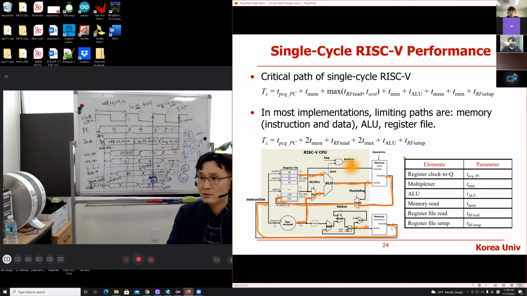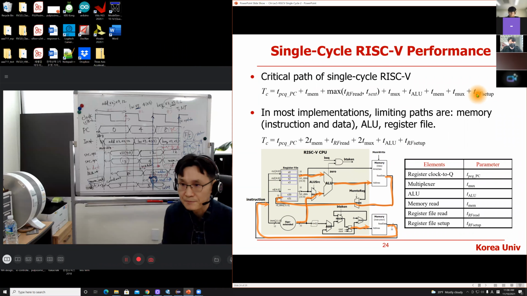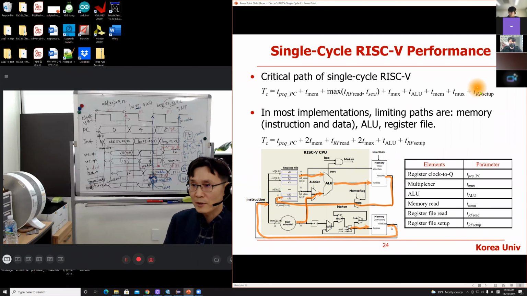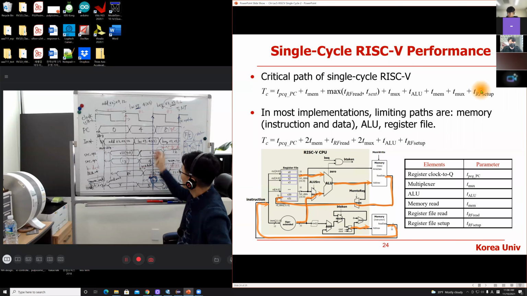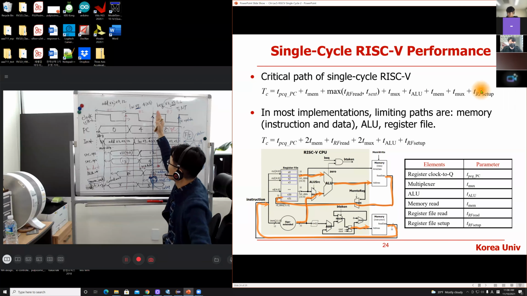So when trying to store to the register file, your data should be ready sometime before I take the picture. That is setup time. So the data should be ready before the rising edge of the clock.